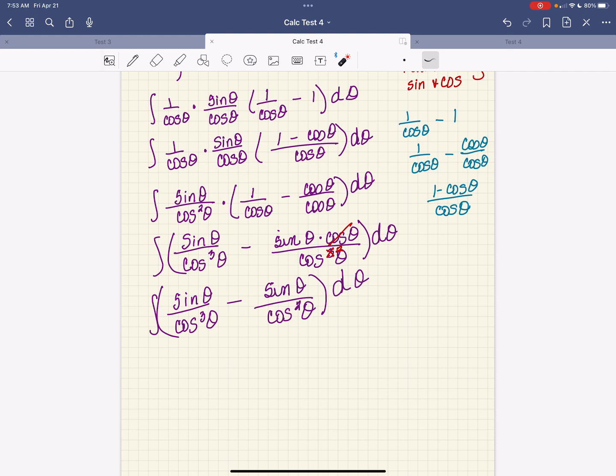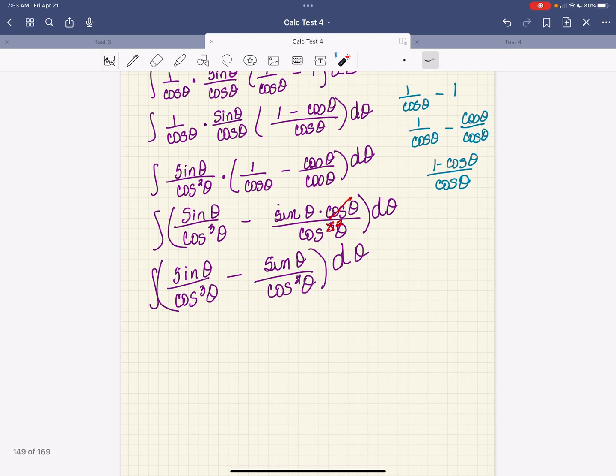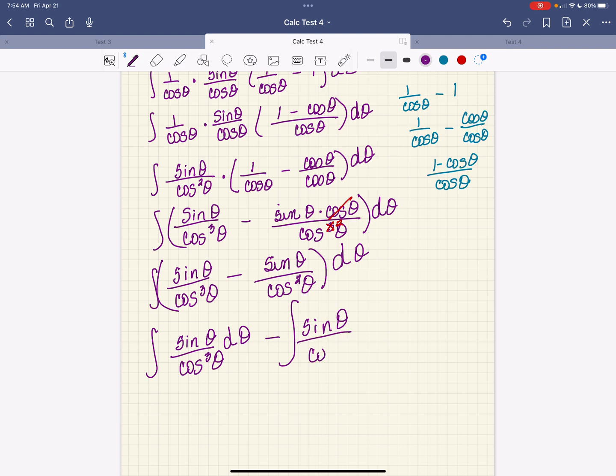Okay, and that's what I'm going to do. So I'm going to have the integration of sine of theta over cosine cubed of theta minus the integration, and whoops, I need to put my d theta. Okay, minus the integration of the sine of theta over cosine squared of theta d theta.